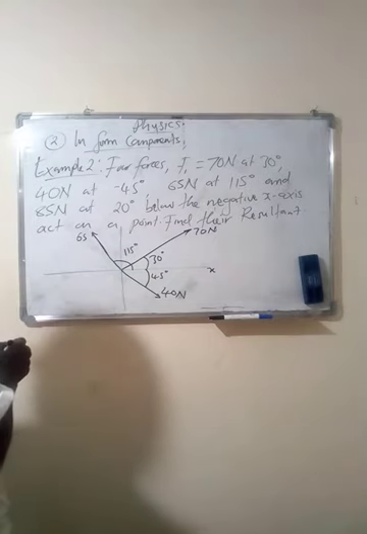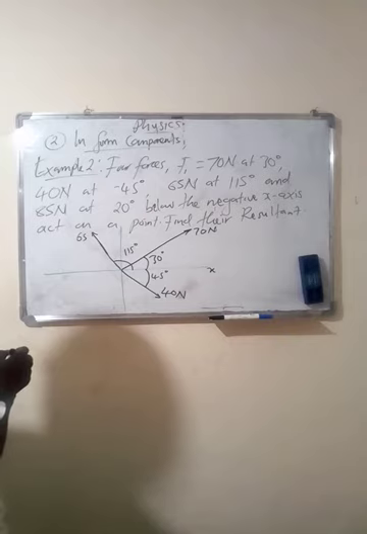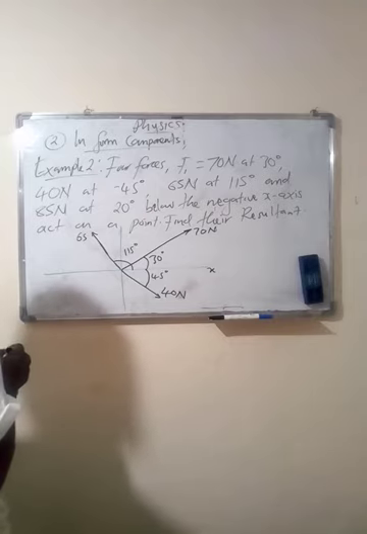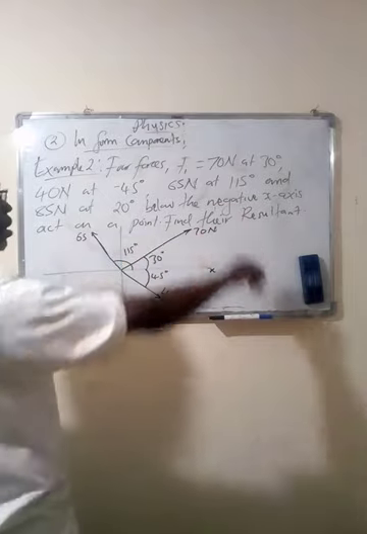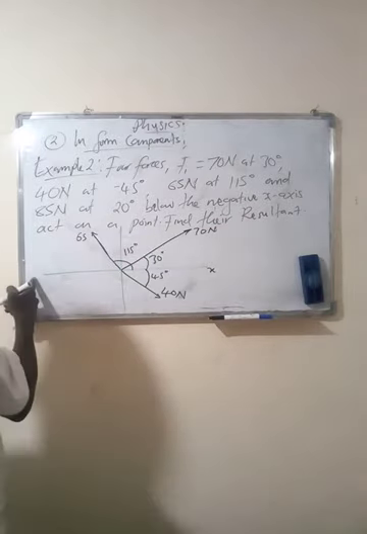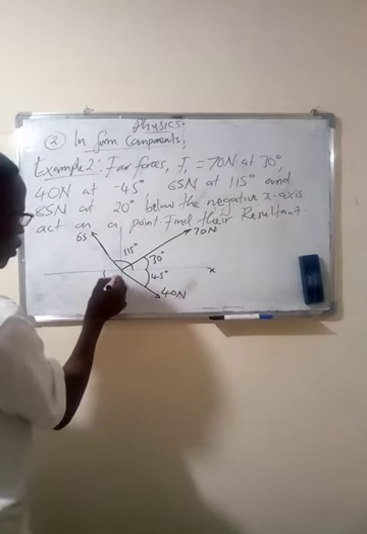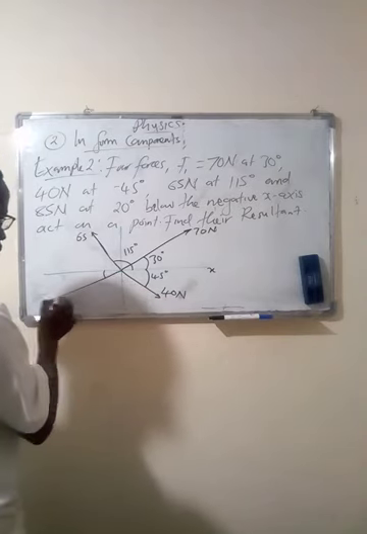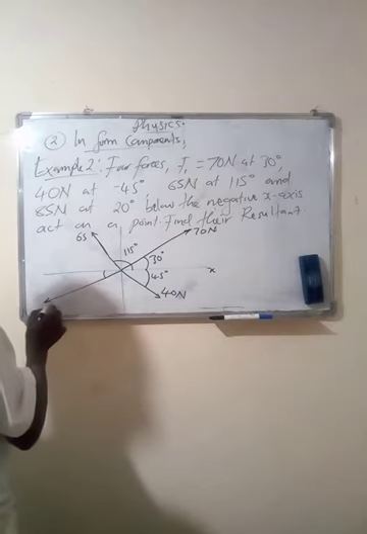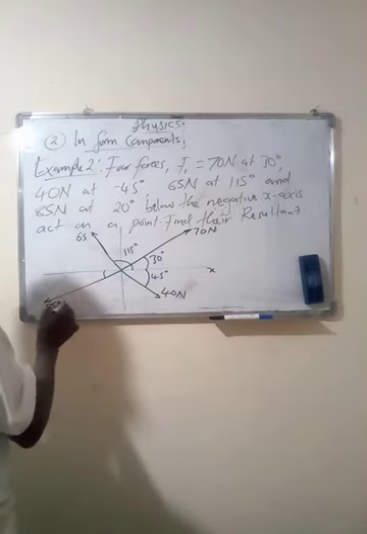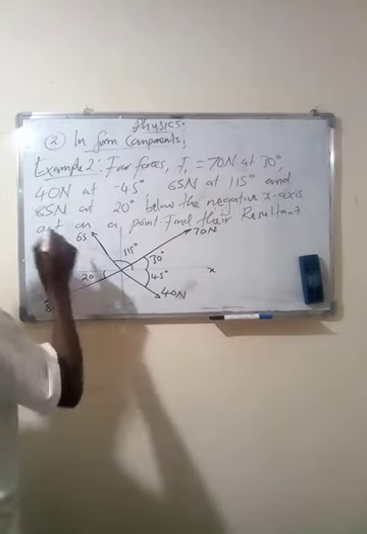Then we have 85 newtons at 20 degrees below the negative x-axis. So the negative x-axis is here, and then we measure 20 degrees below that. So it's going to be somewhere there, so this is now 85 newtons at 20 degrees, like that.